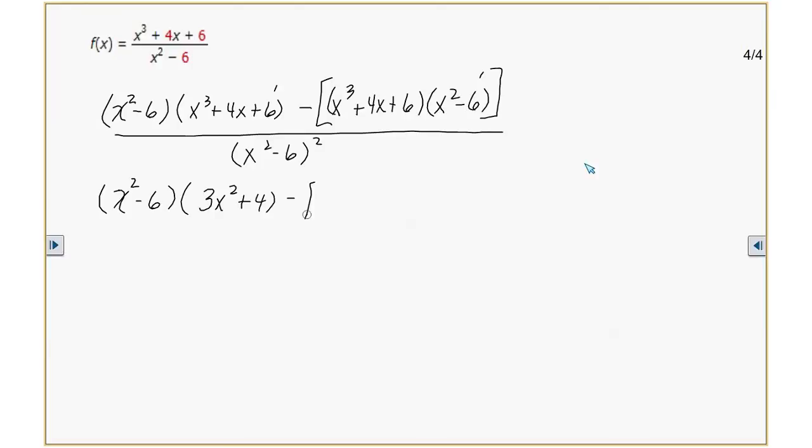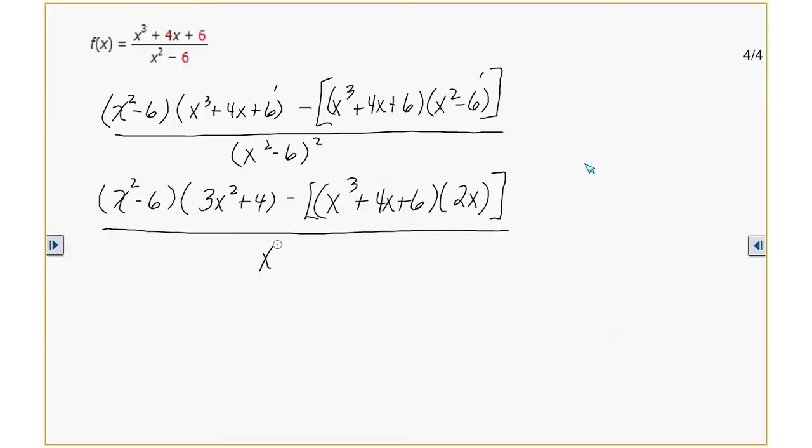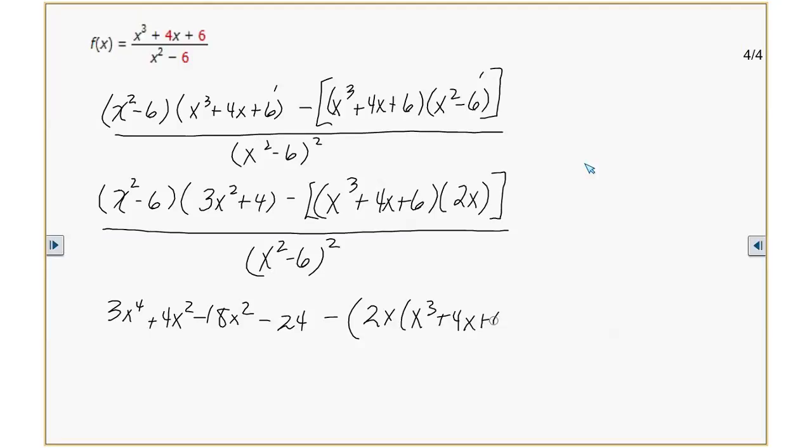Minus x cubed plus 4x plus 6 times what? 2x, all over x squared minus 6 to the second power. 3x to the fourth plus 4x squared minus 18x squared minus 24, y'all check me, minus 2x times x cubed plus 4x plus 6, all over the denominator squared.